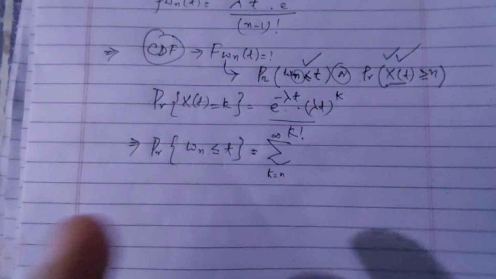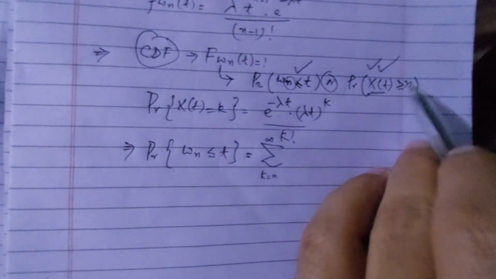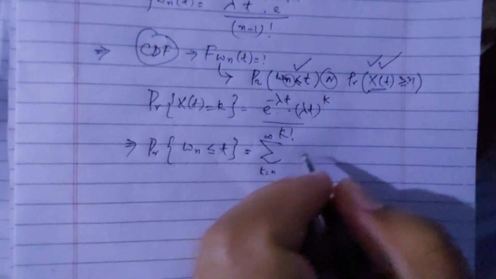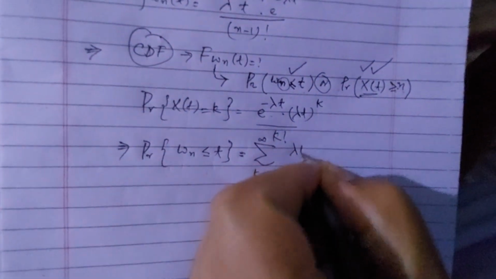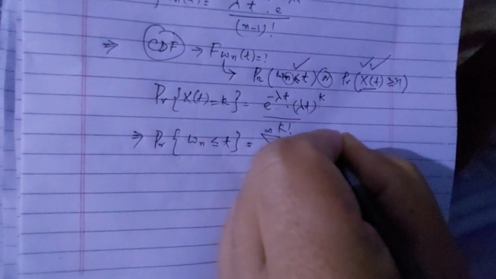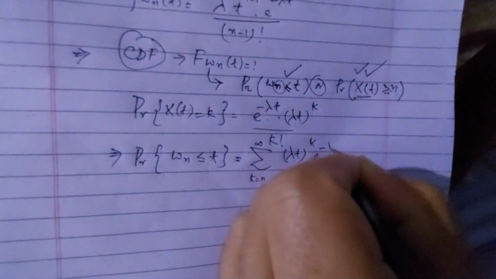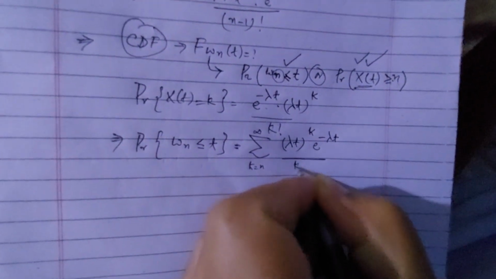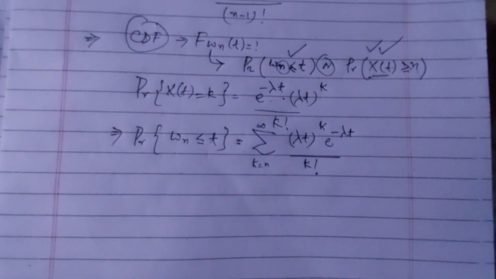It means that the nth event has occurred, and we have n or more than n events in this time period t. So it is equal to the summation of lambda t raised to the power k, e raised to the power minus lambda t, divided by k factorial.